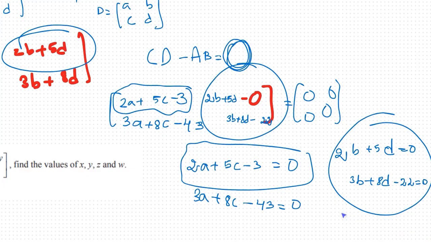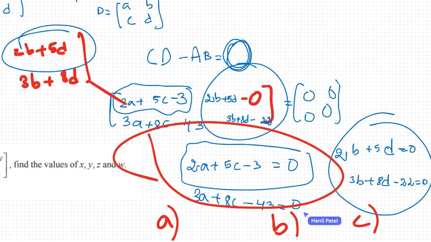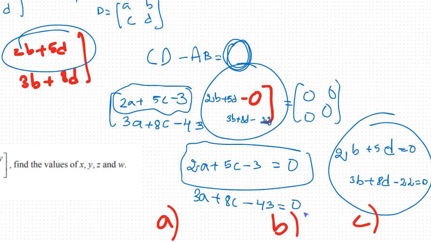Multiple choice means ABCD options will be given. So if they give A value, C value, you can just plug in and check which one is the right answer instead of finding all those. If it equals 0, then it is.